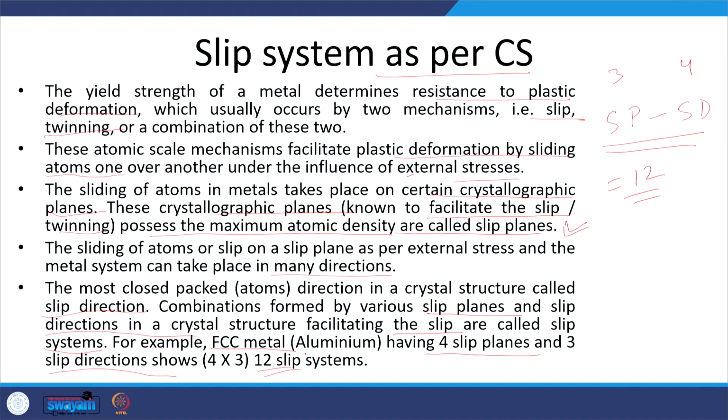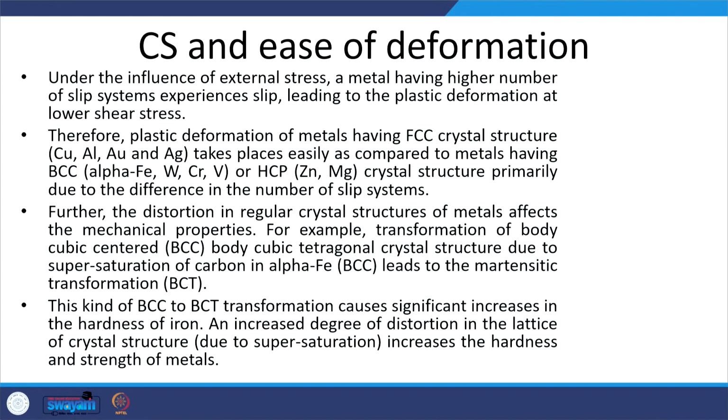So, metals showing more slip systems will show easier deformation. Under the influence of external stresses, a metal having a higher number of slip systems experiences slip, leading to deformation, at a lower shear stress.